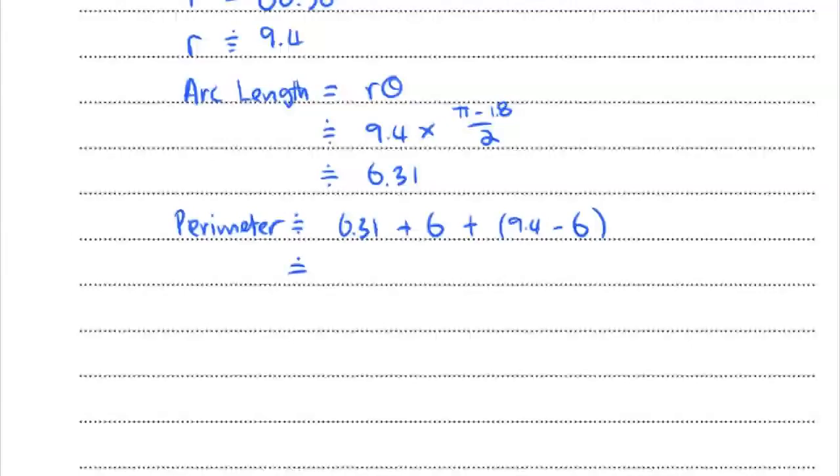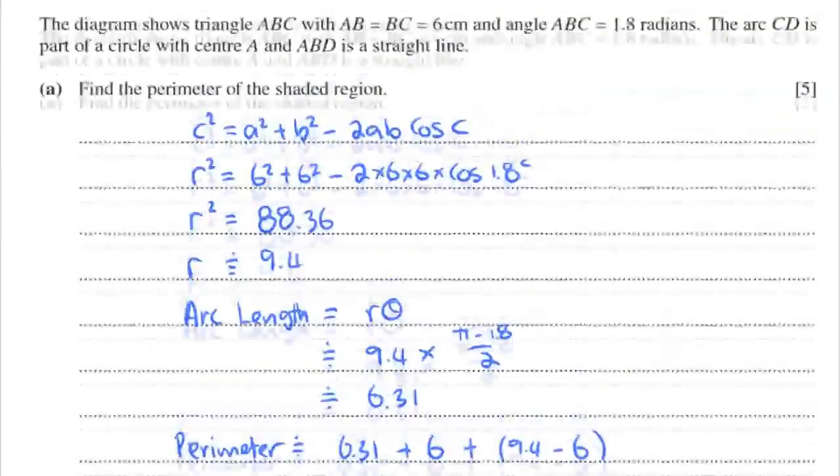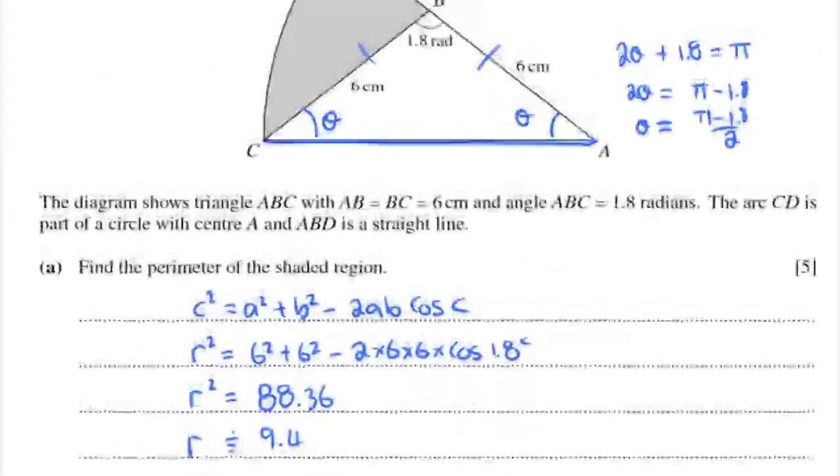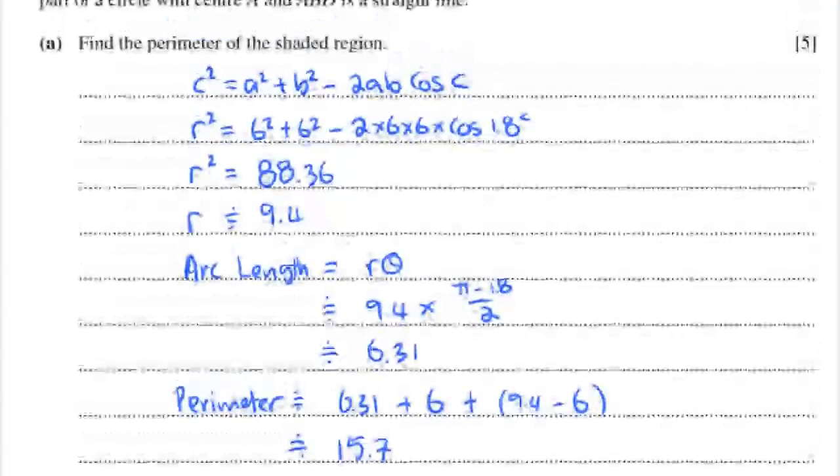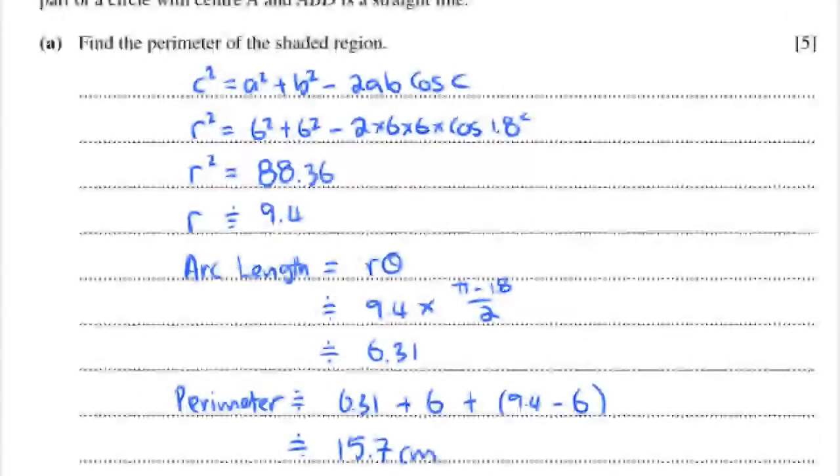And that, when we put into a calculator, is 15.7. Let's check units. The units are centimeters. And we found the perimeter of the shaded region.